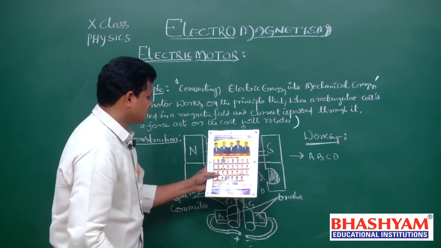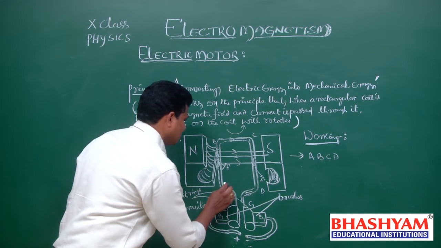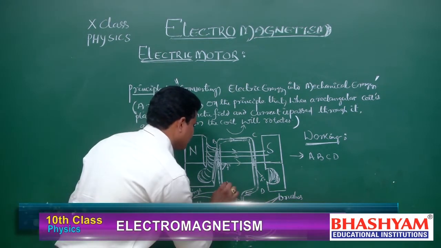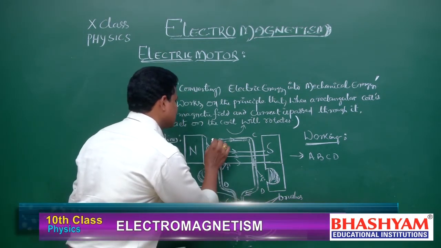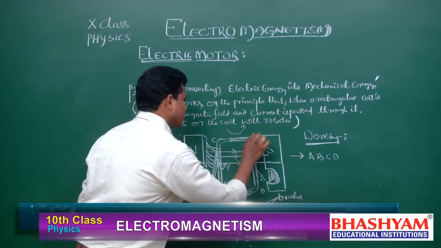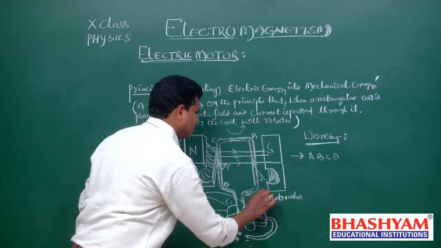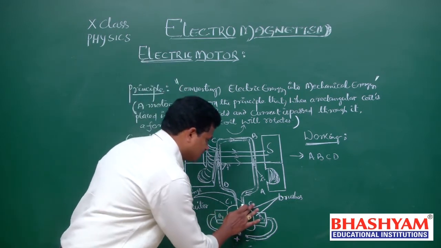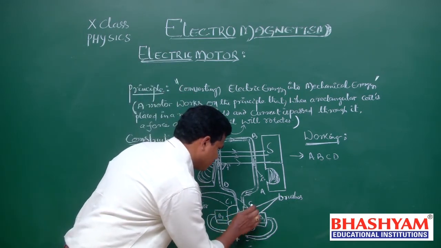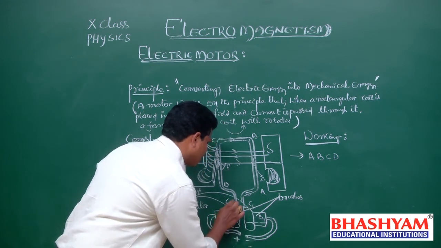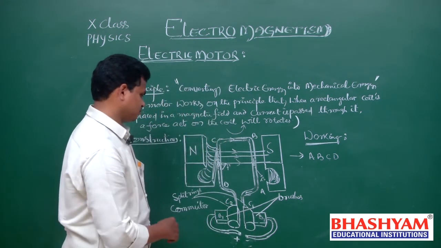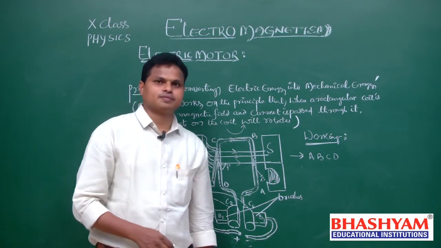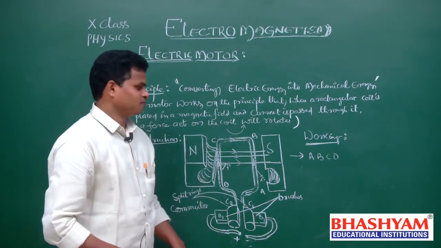Now this is D, C, B, A after half rotation. This is C1, C2 after rotation. Okay, this is the condition.